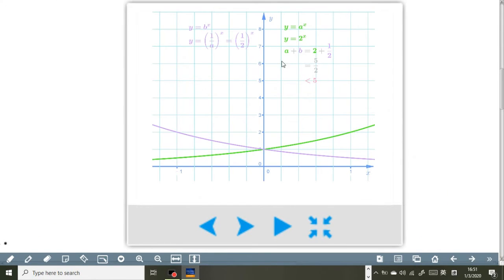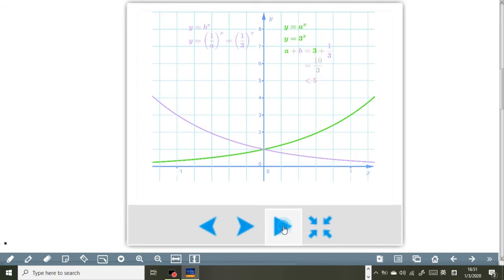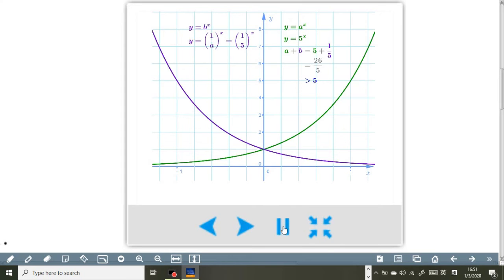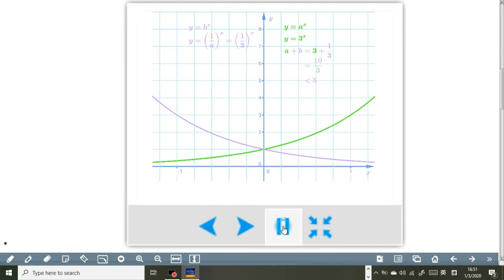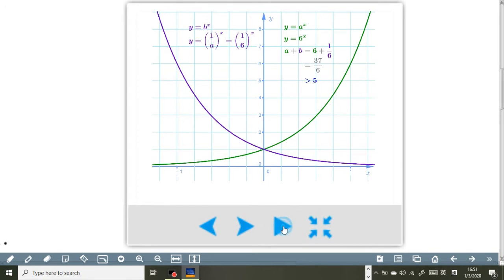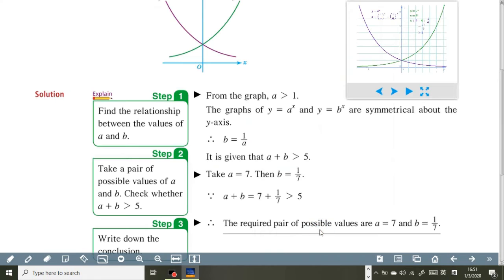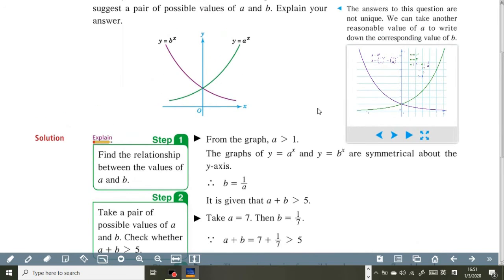The first one we observe from the graph is just like this diagram. If you want to change the values, you will get the graph like this, and so on. We can check this by putting in values. Now let's look at the following.